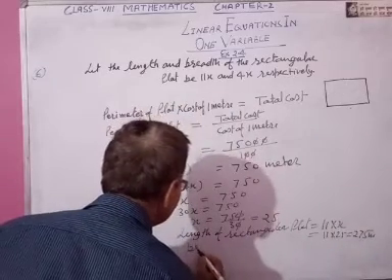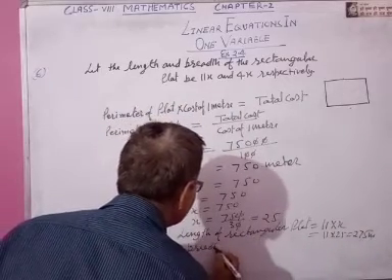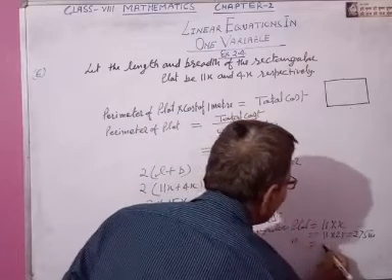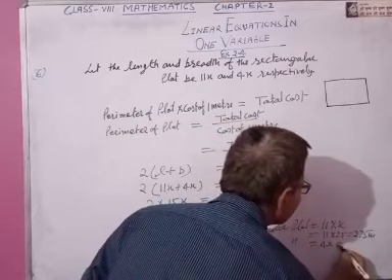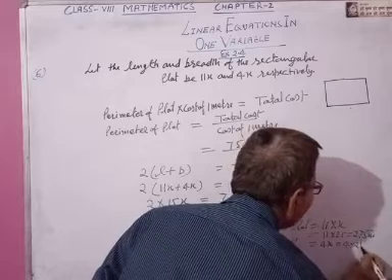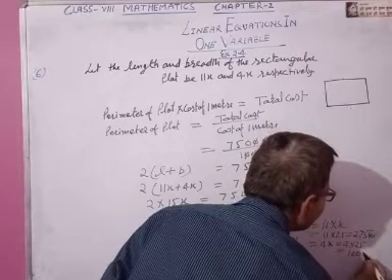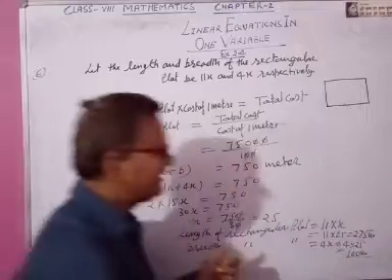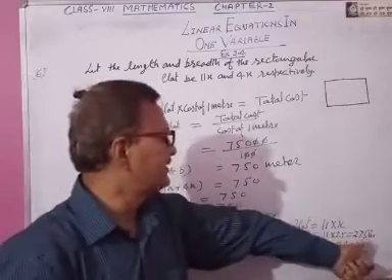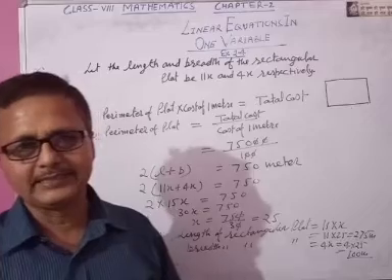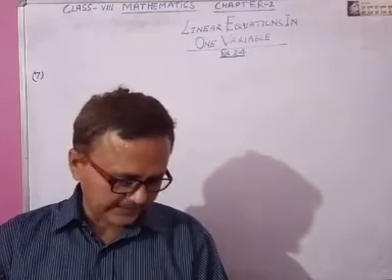Breadth of the rectangular plot equal to 4x, that is 4 into 25, that is 100 meter. So the length is 275 meter and breadth is 100 meter. These are the dimensions. Now question number 7.